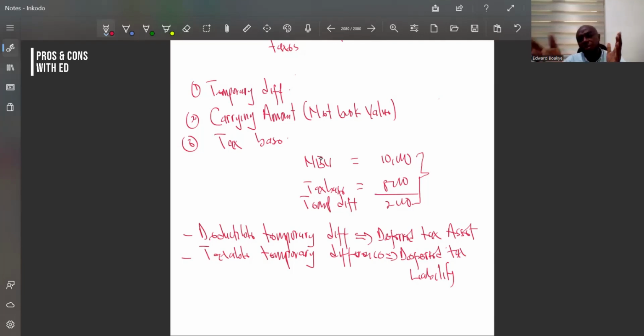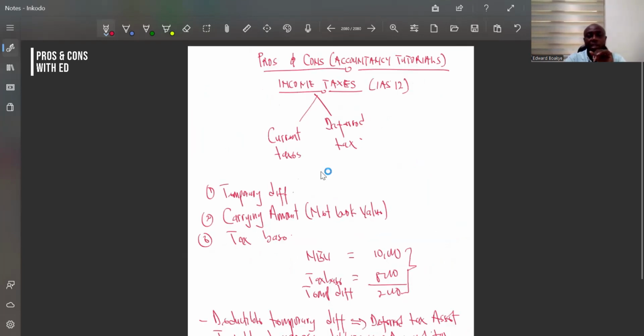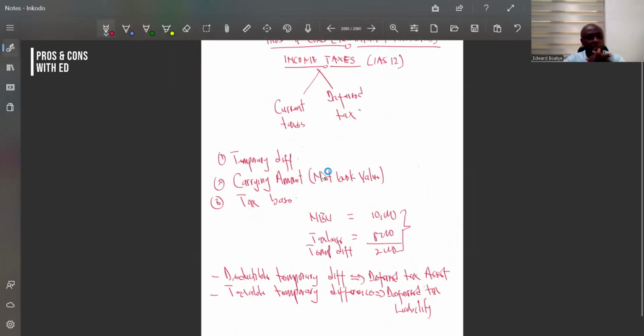Now we've gotten a deferred tax asset and a deferred tax liability. So let's break it down. What do we mean by deferred tax asset, and what do we mean by deferred tax liability? If something is an asset in your financial statement or in your trial balance, it means that it belongs to you. So by getting a deferred tax asset, it simply means that we have to add it to our assets.